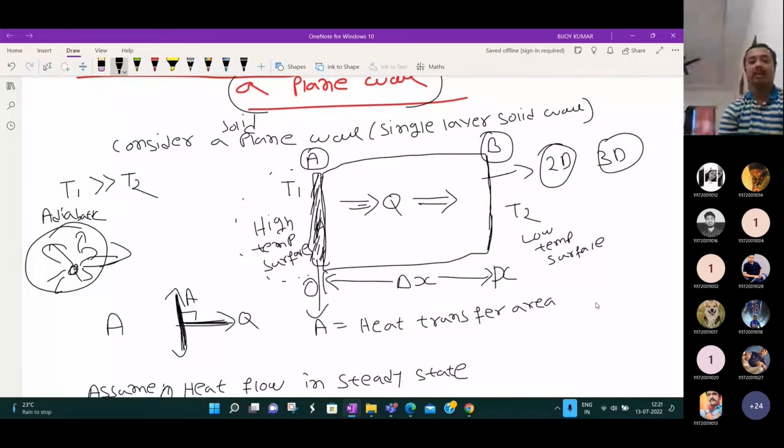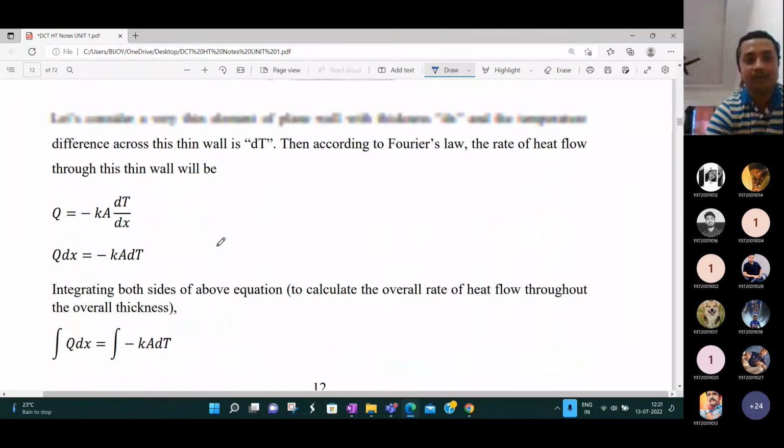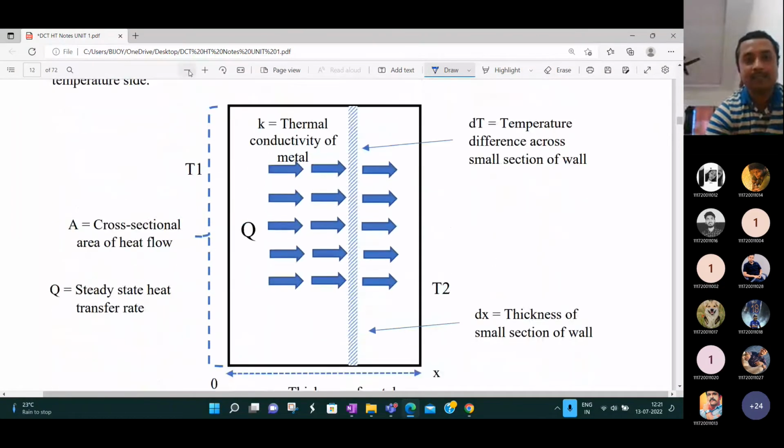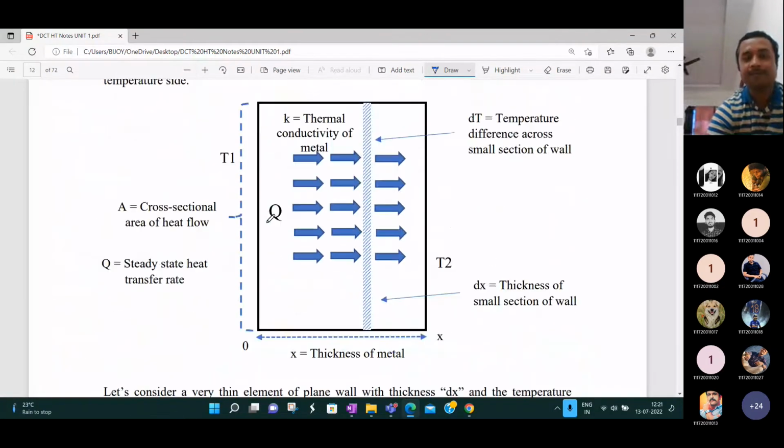So kindly revise. Let me revise quickly. Let me show you in the notes. These are the notes I will give you. Don't worry. Okay. So what we did is we take a plane wall. Suppose this is T1, this is T2, and T1 is greater than T2. Then what will happen? The heat will flow from T1 to T2.